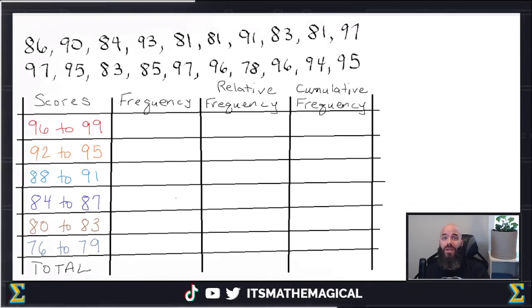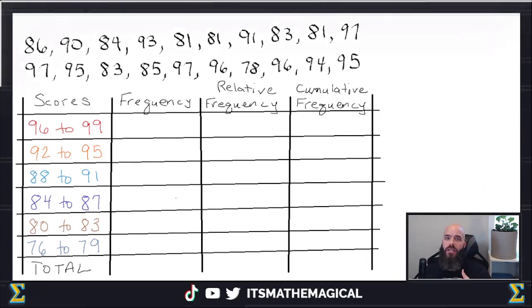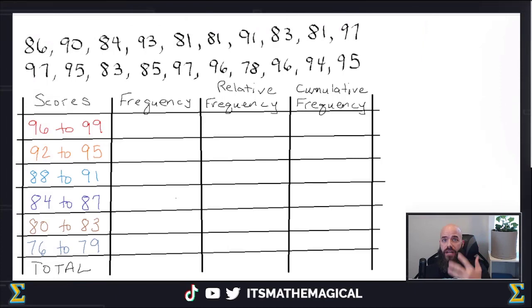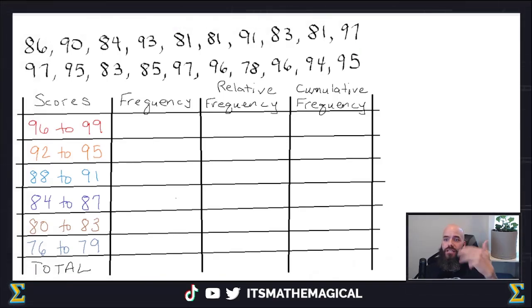The first bin will go 99, 98, 97, 96. That's a range of 4 values. And then I will go 95, 94, 93, 92. Then I will go 91, 90, 89, 88, and so on. And that's how you can create your bins.